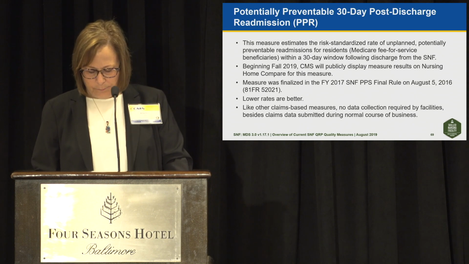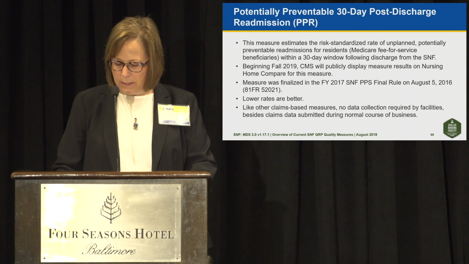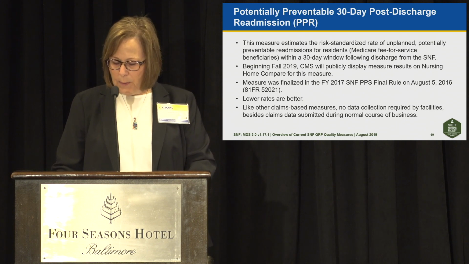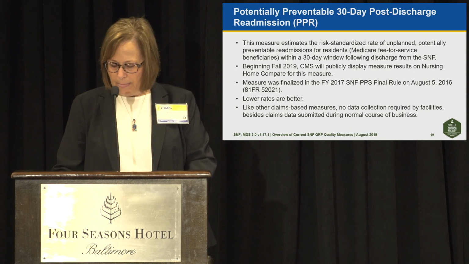As a reminder, CMS announced in October of last year, 2018, that the PPR measure would be suppressed and not available on Nursing Home Compare throughout most of 2019. However, you've been able to see it on your reports.